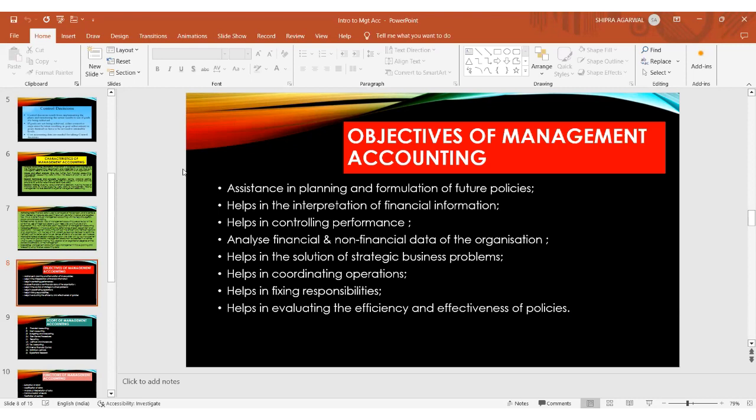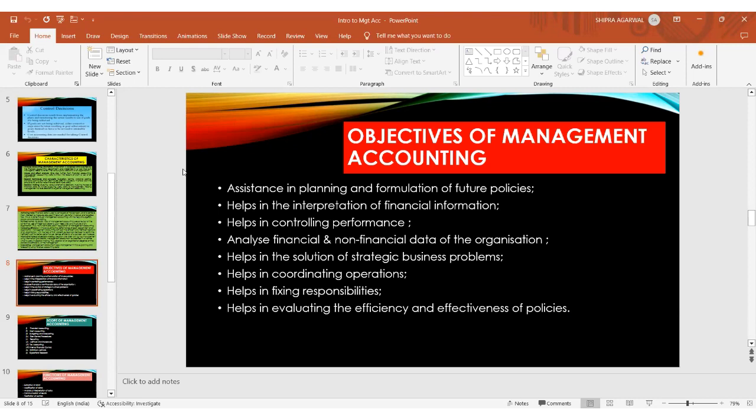If I want to consider the dedication of my team, I know that if a particular team is dedicated, then only I can give them challenging work. If I know the qualities, if I consider their background, all these things are to be taken care of, and then accordingly the work can be distributed among the workforce, which is not being done in case of financial accounting.